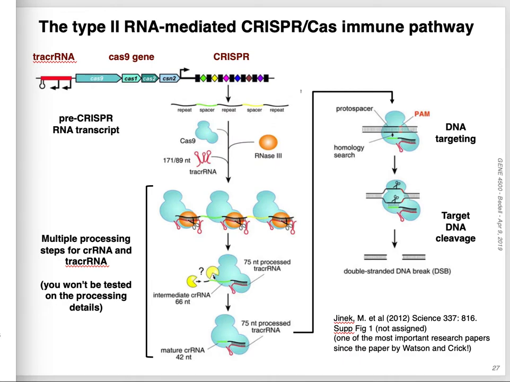Anyway, the importance of it is this 3 nucleotides. It has to be in the genome, in the DNA that you're targeting, and that's one of the limitations of CRISPR-Cas9. If the sequence you're trying to target in the genome doesn't have a PAM sequence, you're not going to be able to target.